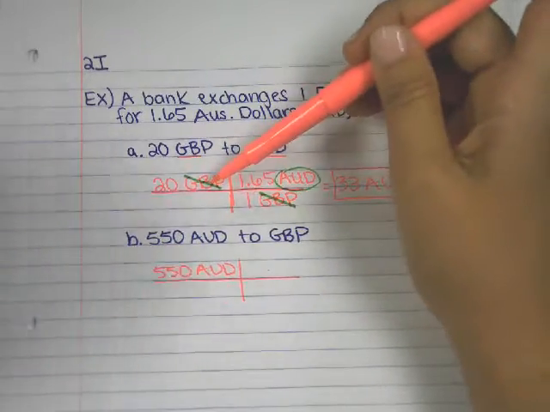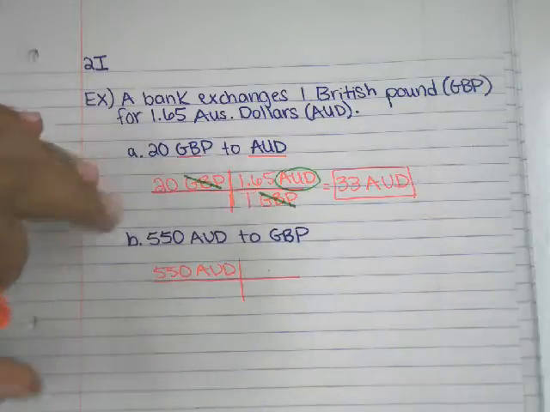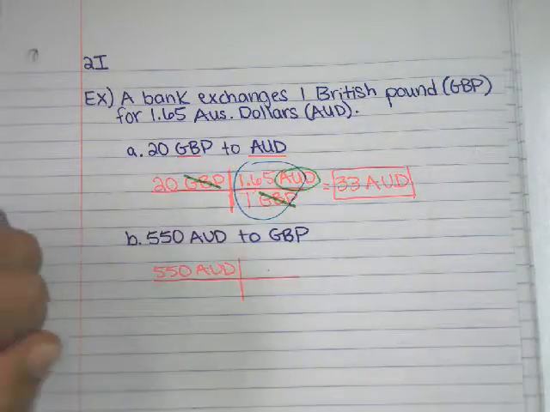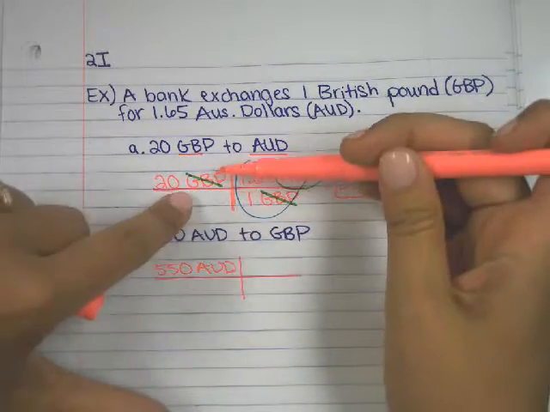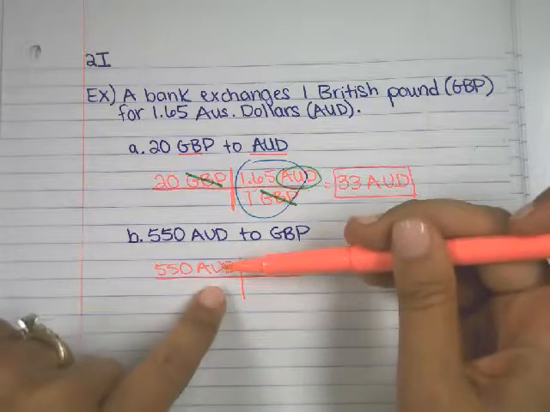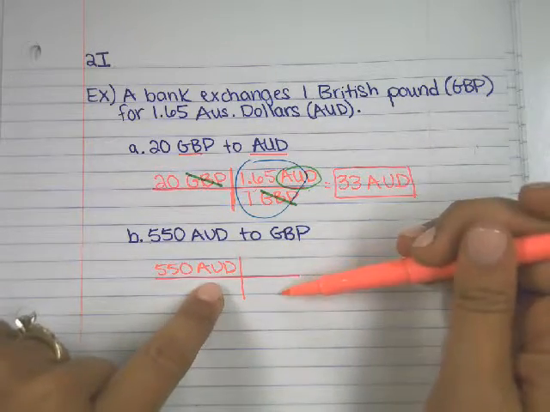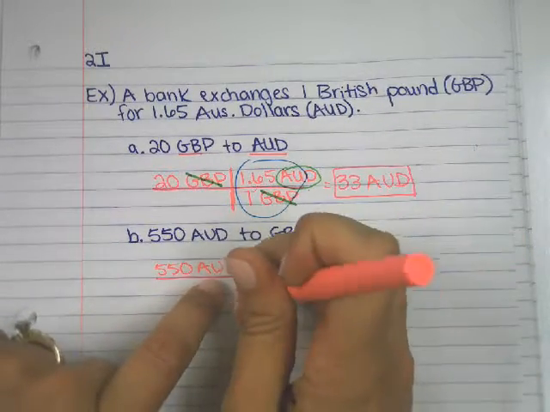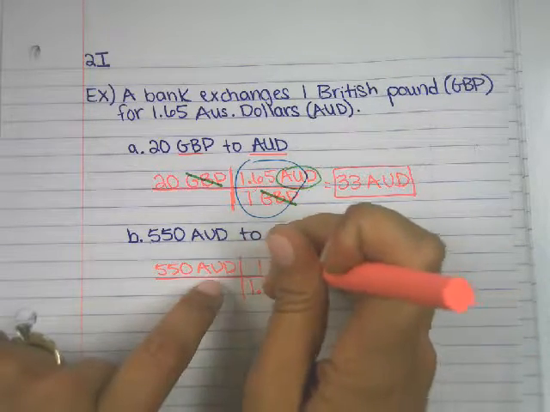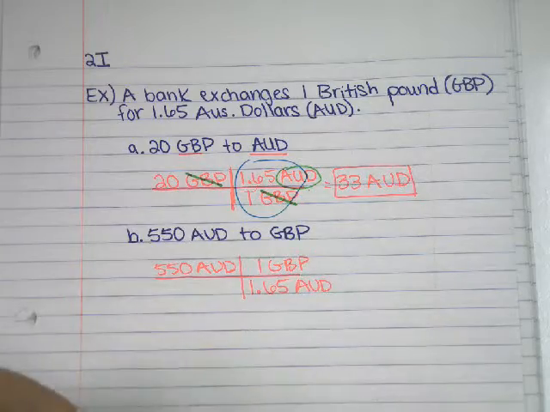And we need our units to cancel. So this above right here was our unit rate. And we put the GBP on the bottom because we needed it to cancel with the GBP on the top. So here we have an AUD on top, so we need an AUD on the bottom to cancel. So we're going to use the same unit rate, it's just upside down, like this.